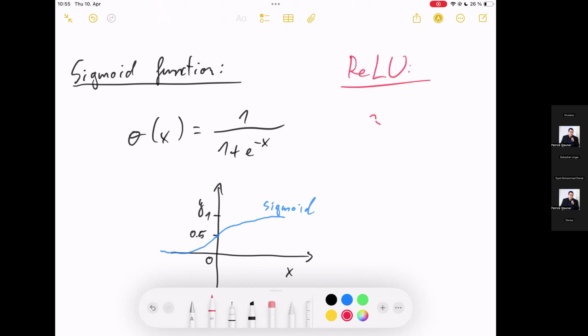What does ReLU stand for? Who of you knows? I'll see who is responding in the chat. It's correct. It's the rectified linear unit.